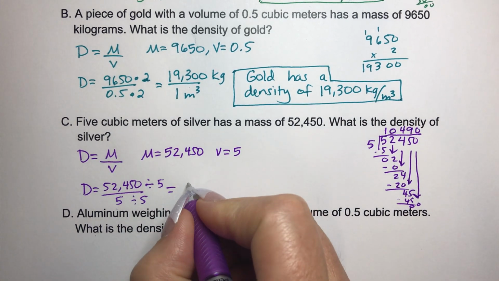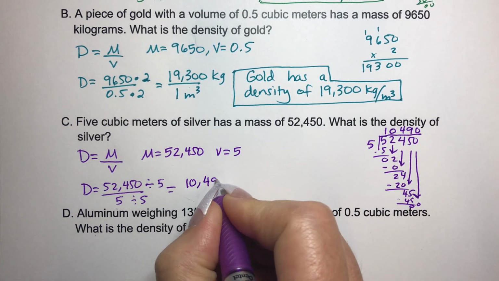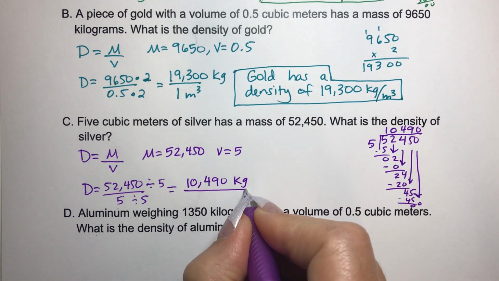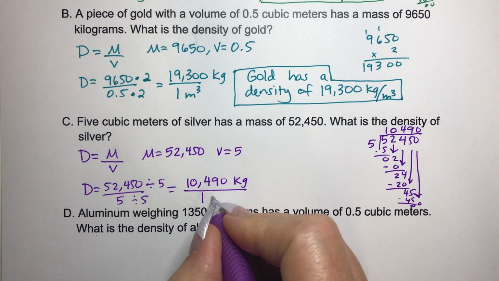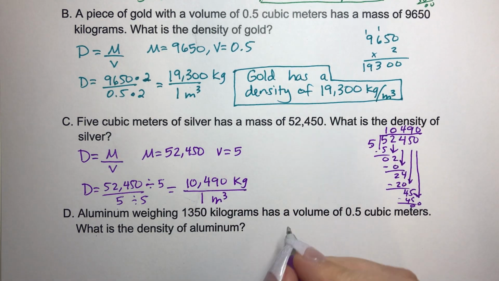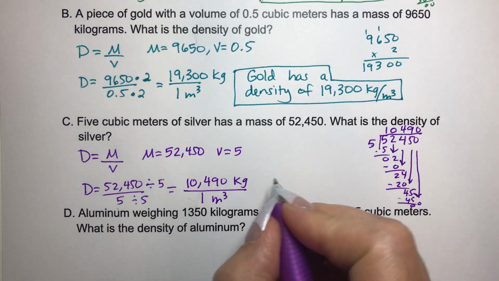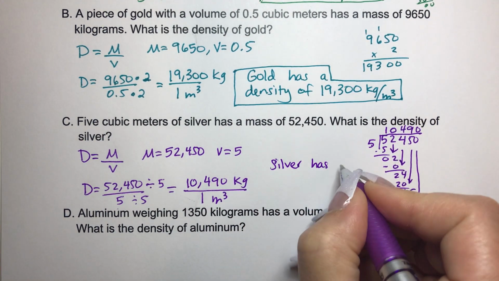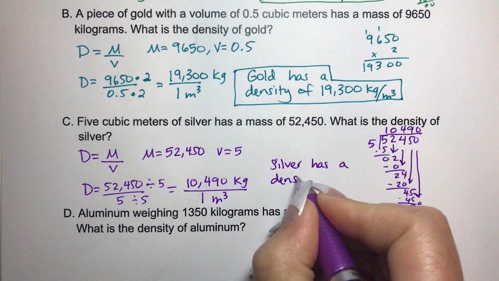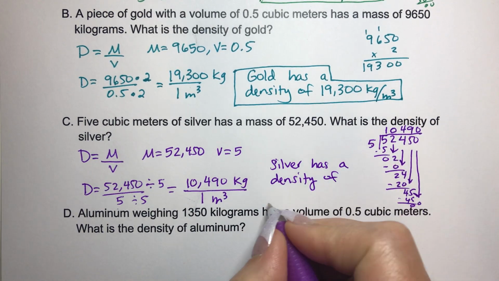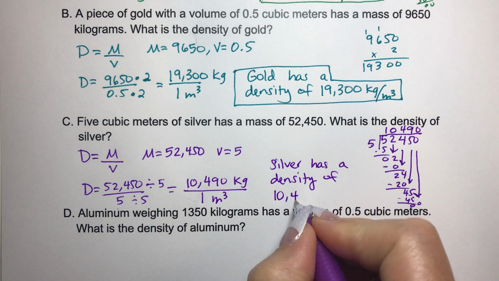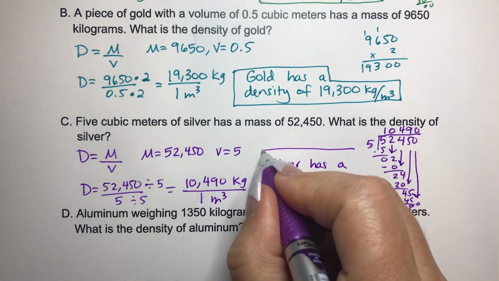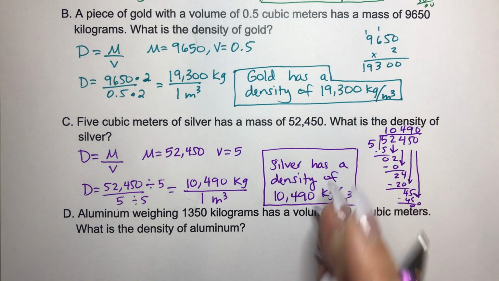So this equals 10,490 kilograms over 5 divided by 5, which is 1 cubic meter. And so we can say that silver has a density of 10,490 kilograms per cubic meter. And that is the density.